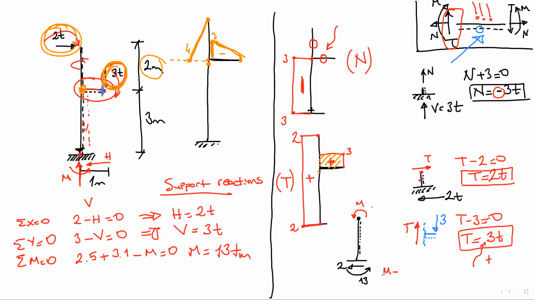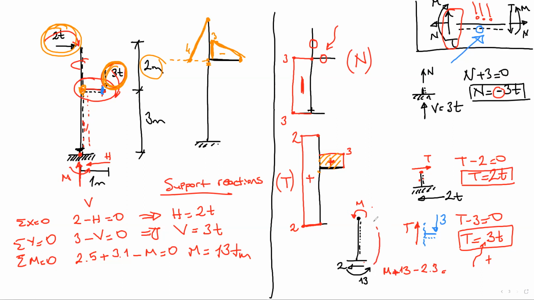Minus 3 minus 2 times 3 is 6. They are in the same direction.